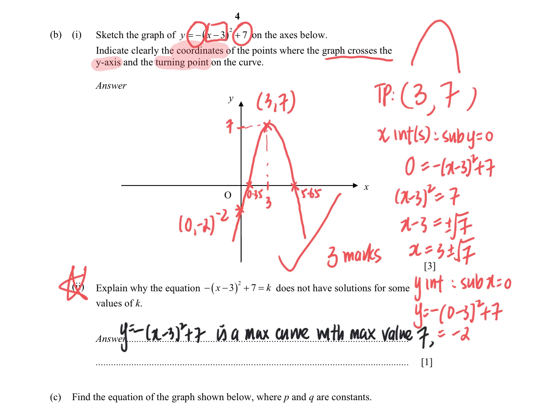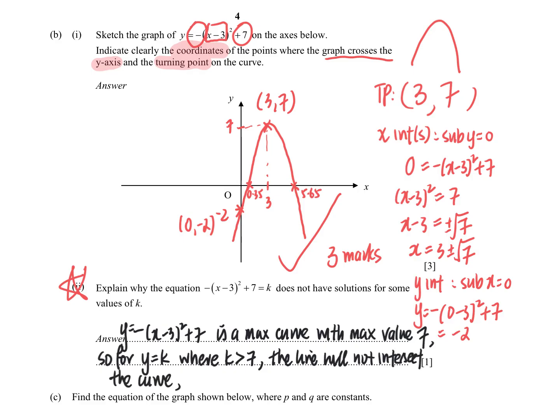So the highest point of the graph is at 7. So for y equals k, where k is greater than 7, the line will not intersect the curve. Okay. Therefore, no solutions.